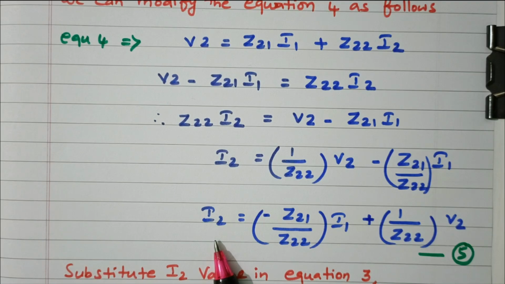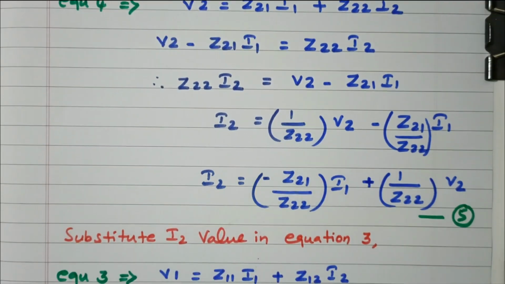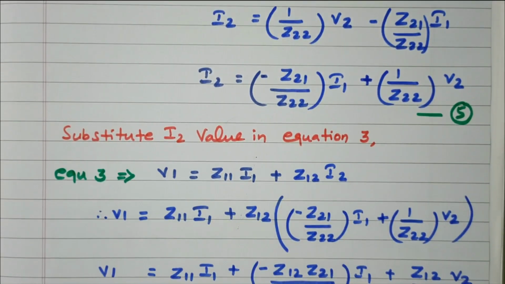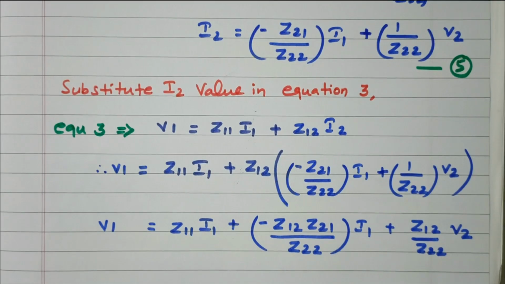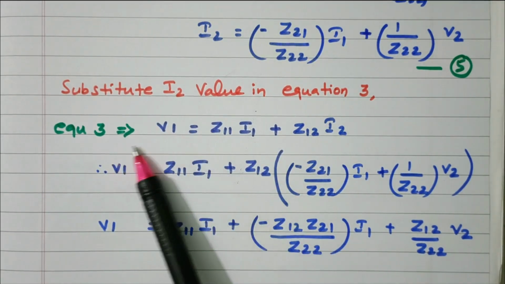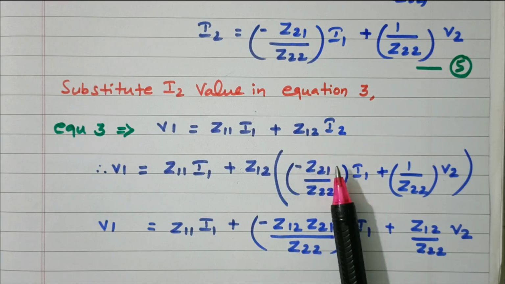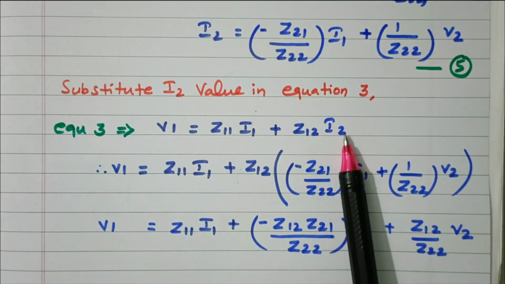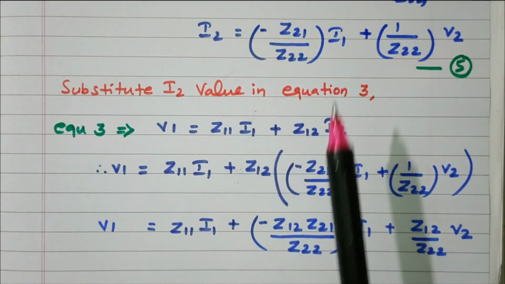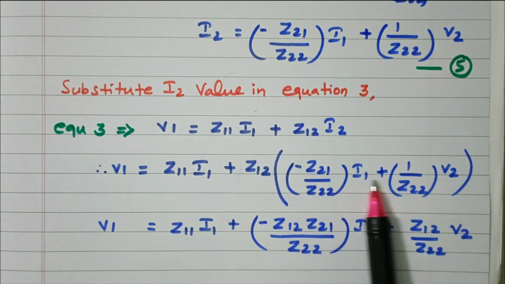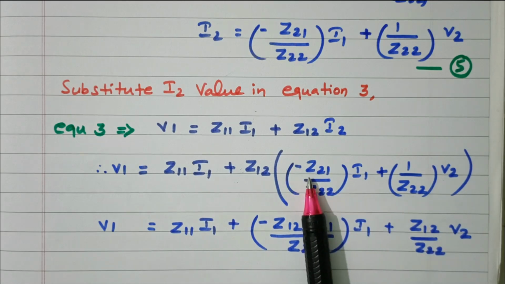Now we are going to substitute this I2 in equation 3. This is equation 3: V1 equal to Z11 I1 plus Z12 I2. In that we are going to substitute I2 from equation 5.